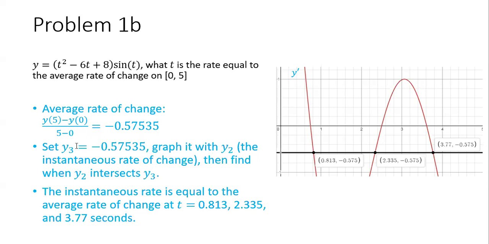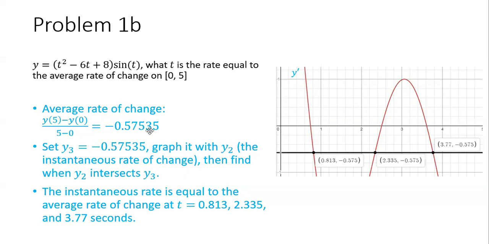We set y3, so we keep our y1 and y2 from before. Don't get rid of them. We set a new function, y3, to be this value here. We're going to graph it along with y2, and then find out where they intersect. Basically we're solving for when y prime equals this value.